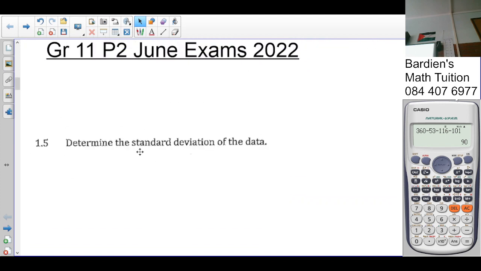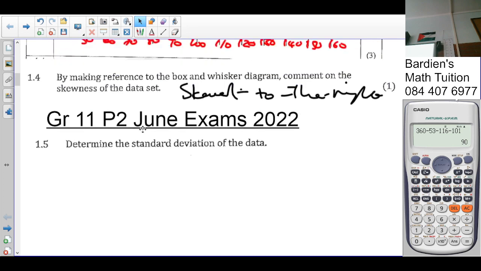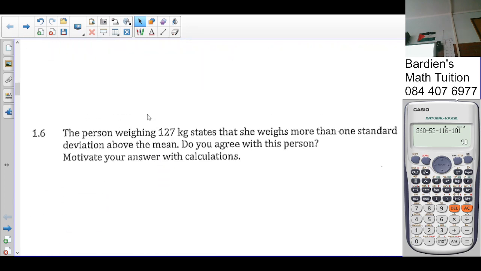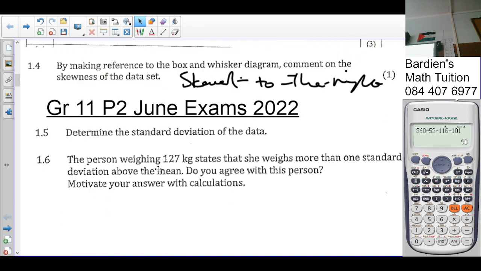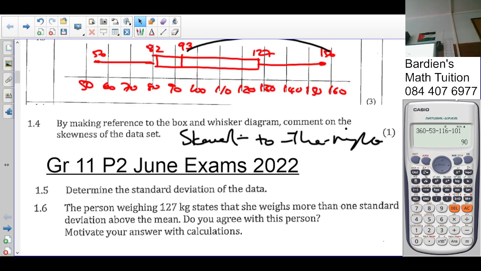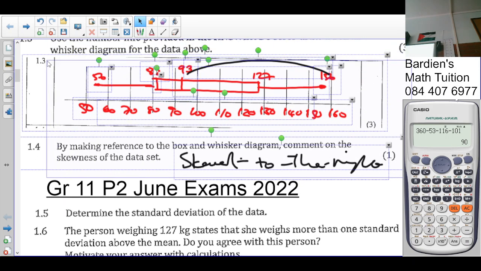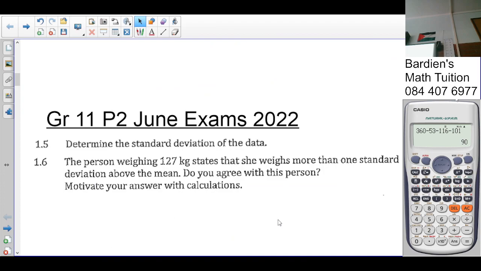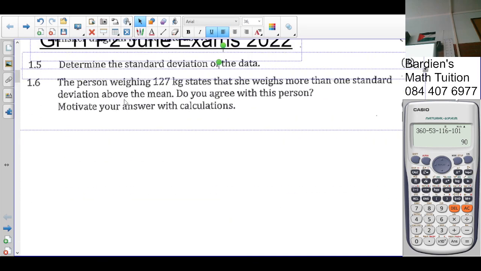Then the question says determine the standard deviation of this data. So these two questions relate to this data. We don't need this, I'm going to take that off at this point, so I can draw the standard deviation up here.